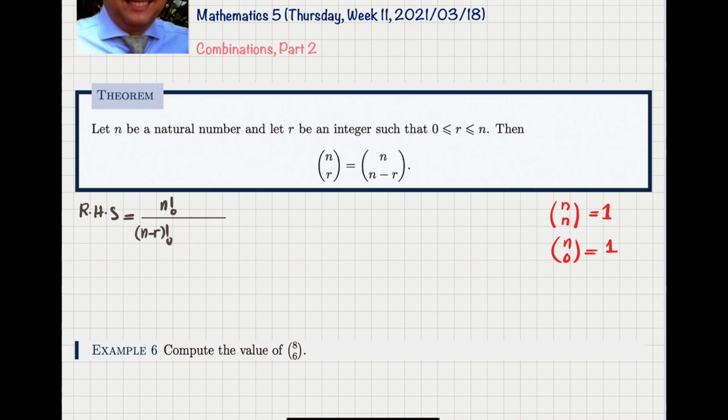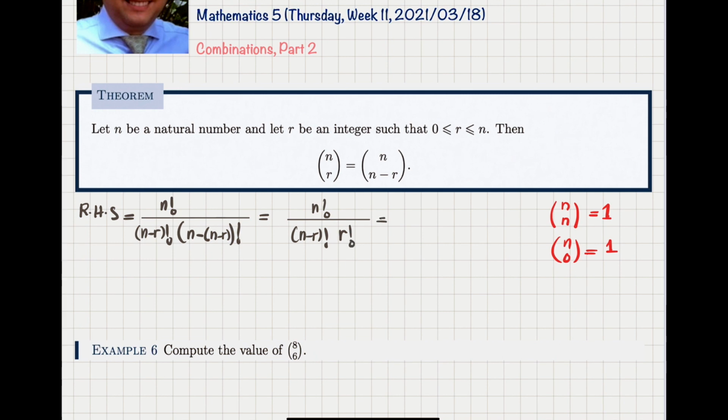And I have to write n minus the number below, n minus (n minus r) factorial. If you simplify that, it becomes n factorial over (n minus r) factorial, and then if you multiply this negative sign inside, it becomes n minus n plus r. This one and that one are gone, so it becomes r factorial.